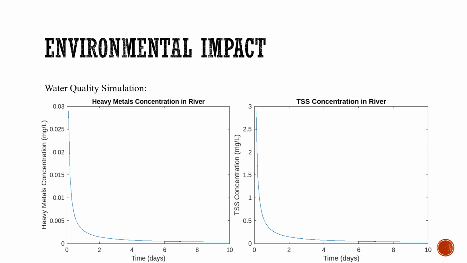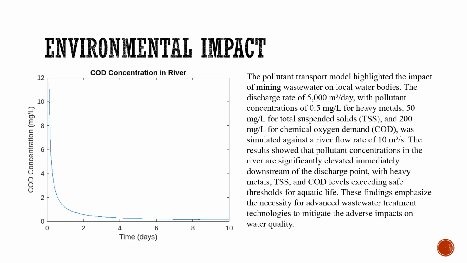So these are the graphs obtained from the simulation. The first one is on the heavy metals concentration in the river, the TSS concentration in the river, and then the COD concentration in the river. The pollutant transport model highlighted the impact of mining wastewater on local water bodies. A discharge rate of 5,000 cubic meters per day with pollutant concentrations of 0.5 for heavy metals, 50 for total suspended solids, and 200 for chemical oxygen demand was simulated against a river flow rate of 10 cubic meters per second.